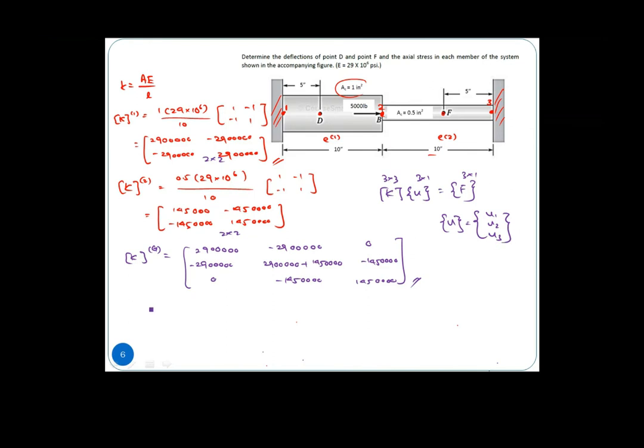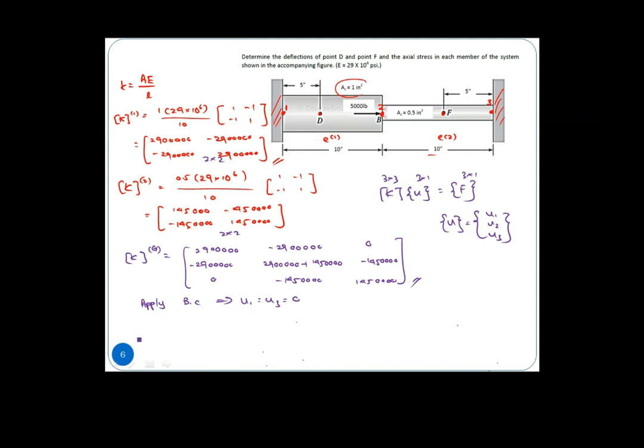So apply boundary: we have U1 equals to U3 equals to 0. So that whole thing basically becomes U2.